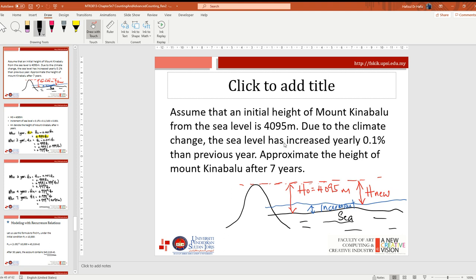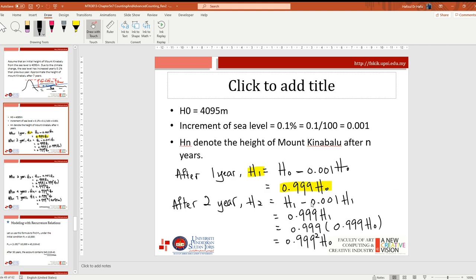And then another example is assume that initial height of Mount Kinabalu is 4,095 meter. Due to the climate change, the sea level has increased nearly 0.1% than previous year. So approximate the height of Kinabalu after 7 years. Okay, H0 lah. H0 ni dia punya ketinggian asal dia. And then the incremental of the sea. So we have first year H1 is H0 minus 0.001 H0.